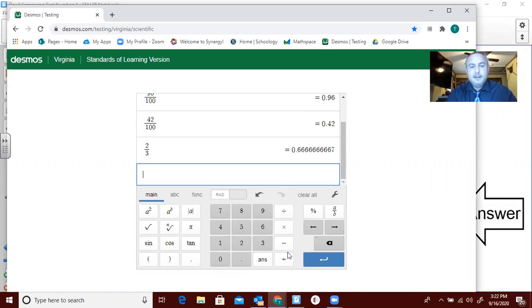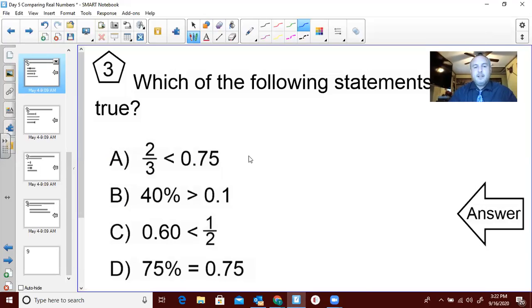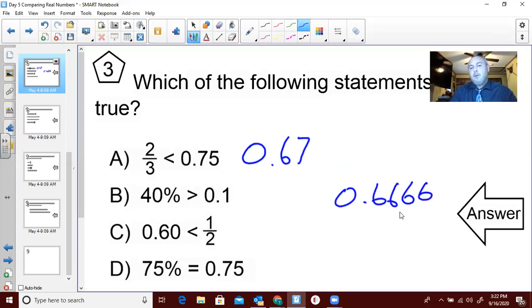So I come back here, and I'm going to write in my 0.66666 with the bar over top, meaning that it's repeating, but I'm going to round it off at the hundredths. Remember, when we're rounding, this is my number, right? And I want to round it right here. I look over here. This number is larger than 5, so I add a 1 here, right? So then I get 0.67.